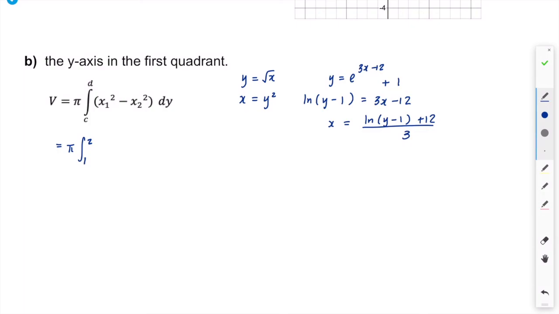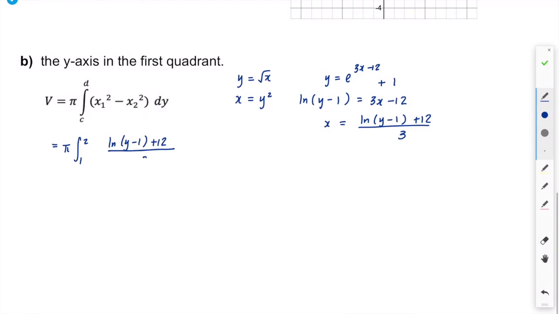So ln of y minus 1, plus 12, over 3, squared, minus the square of the second function, so this squared. And then using your graphing calculator, this works out to 23.1 cubic units. That's it.